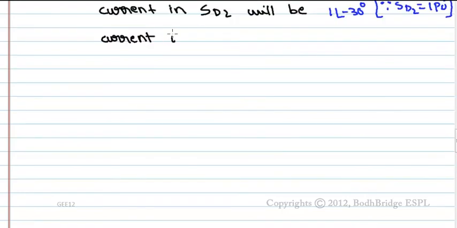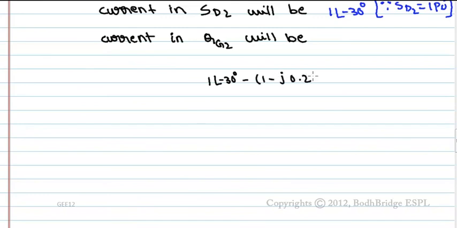Current in QG2 will be 1 at an angle of minus 30 degrees minus (1 minus j times 0.268). This equals 0.268 at an angle of minus 120 degrees.